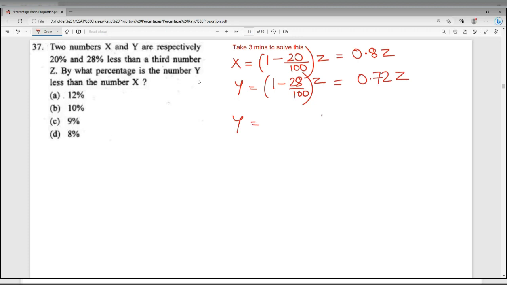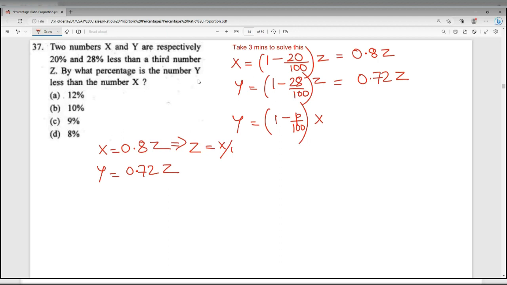And then they are asking by what percentage the number y is less than the number x. This percentage, this p, they are asking. So we have x equal to 0.8 z, and y equal to 0.72 z. We'll substitute the value of z. This implies z is equal to x upon 0.8.